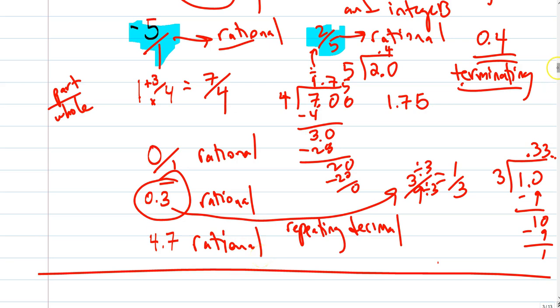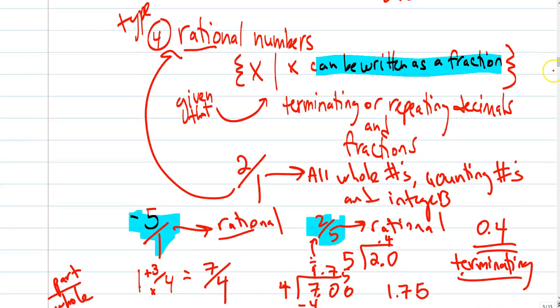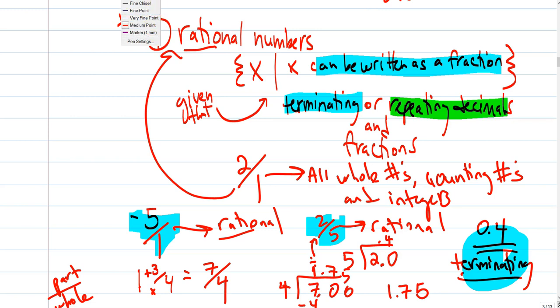Okay? So let's go back up over the definition real quick. Rational, any number that can be written as a fraction. What does that really mean? Any number where the decimal terminates, that was right here, or repeats. And any fractions.